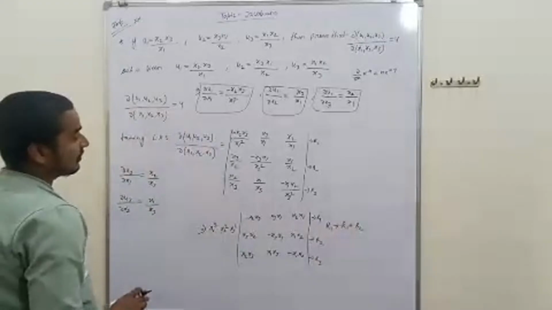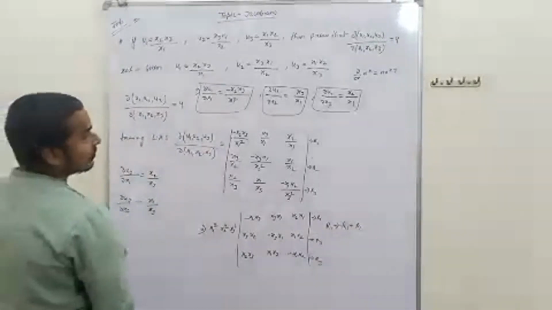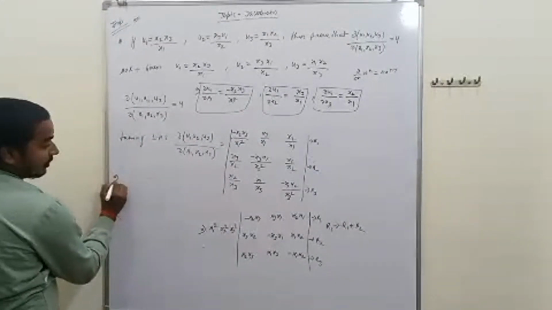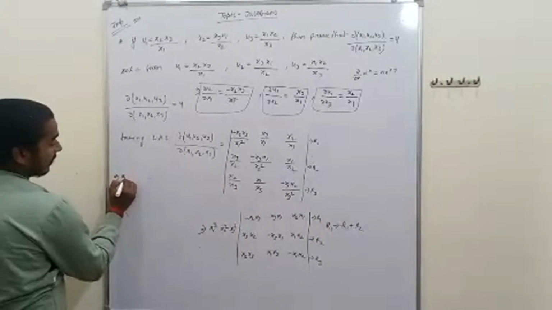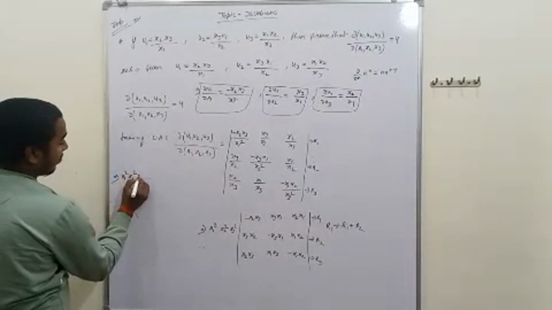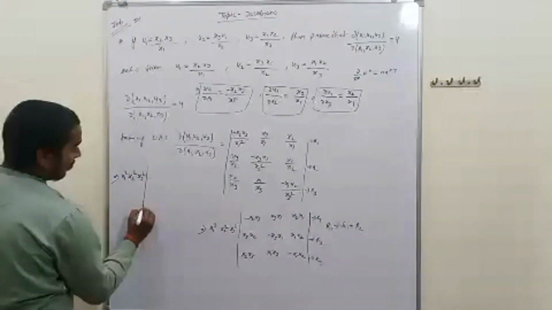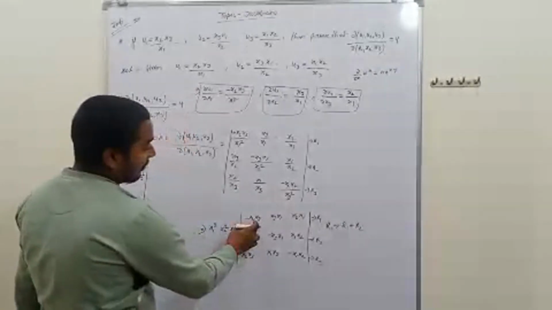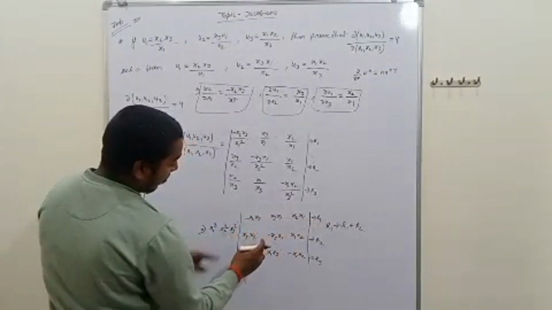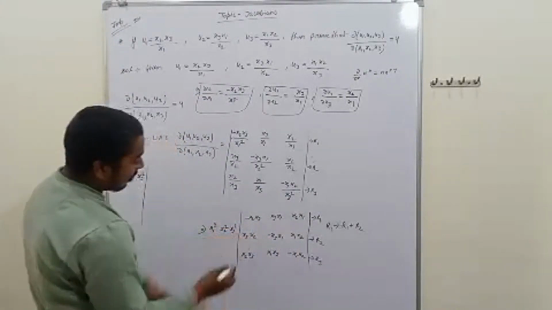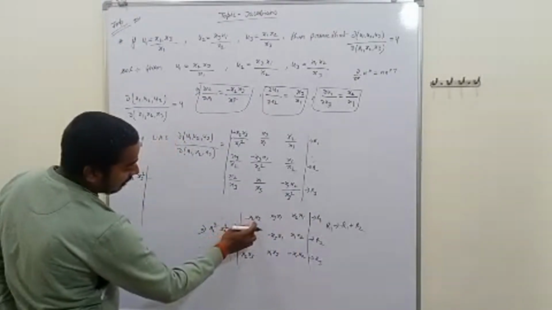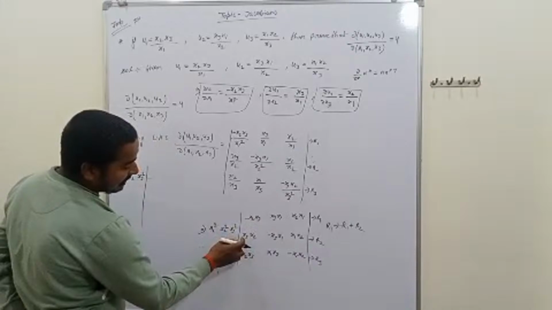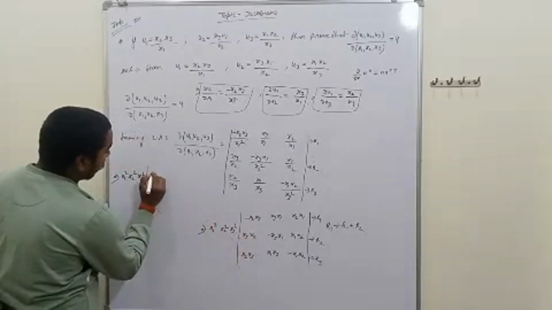Then we have to write x1 squared, x2 squared, x3 squared, determinant. On the operation r1 replacing r1 plus r2, that is r1 plus r2, we have to add x2 and minus x2, and plus of minus x2 into x3 and plus x2 into x3, that is 0.